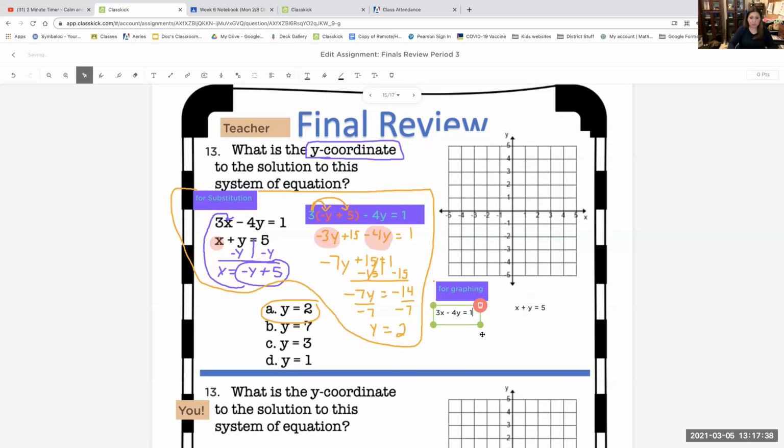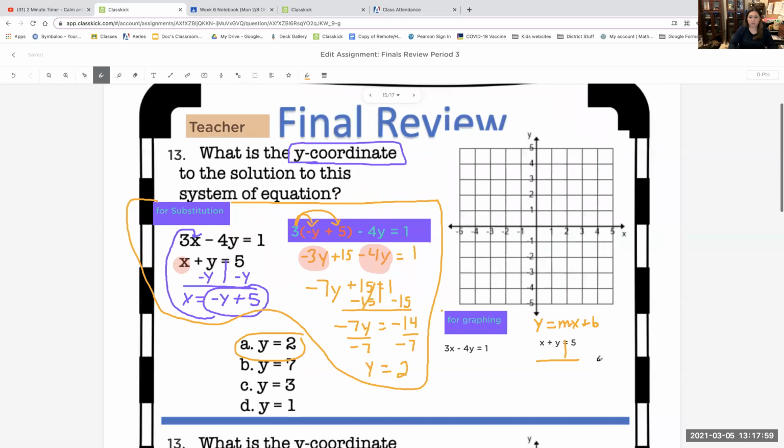So for graphing, we need to make both of these look like slope-intercept form. So again, we need to make it look like y equals mx plus b. So for this one, let me zoom in on that side. I need to get rid of that x, kind of like what we did that first time when I was making that mistake.